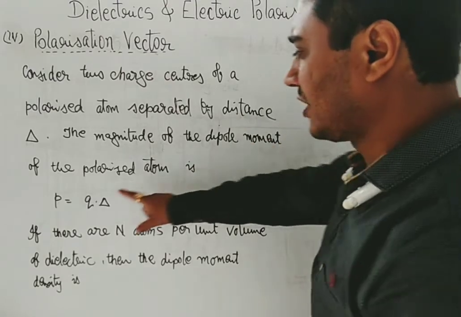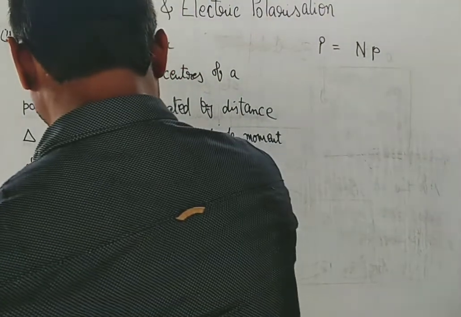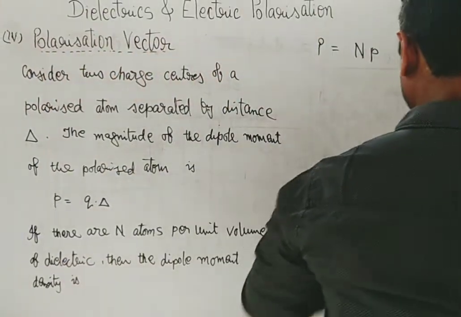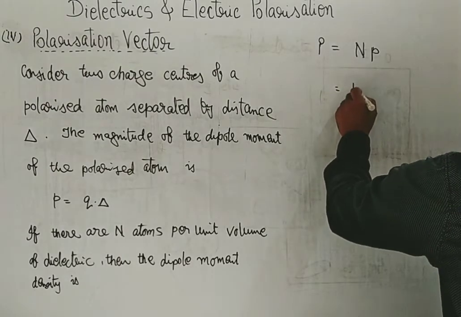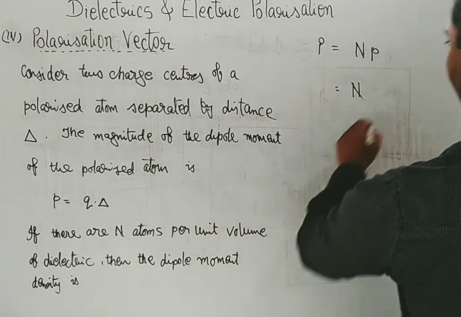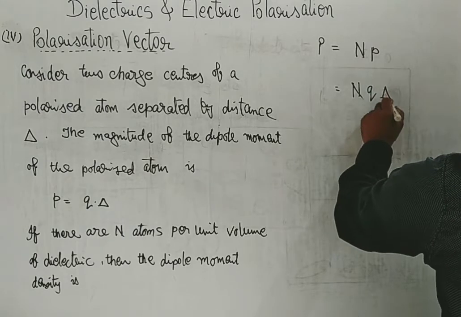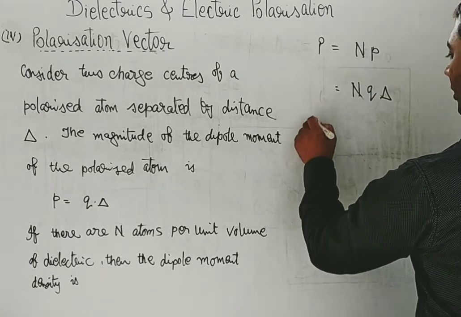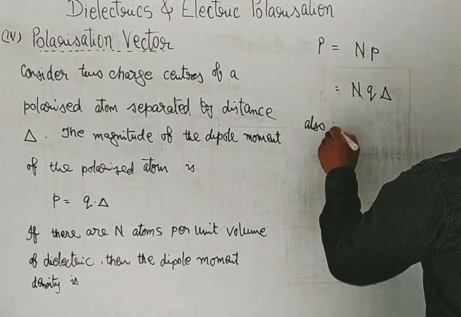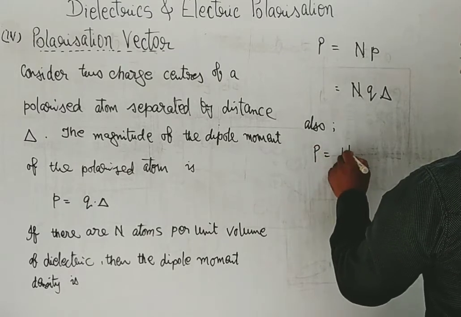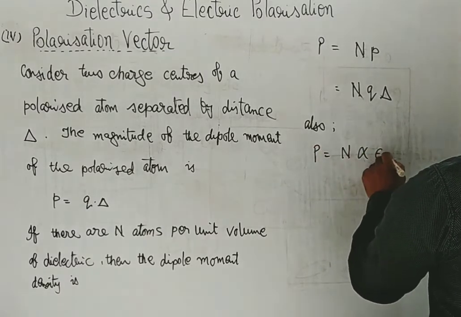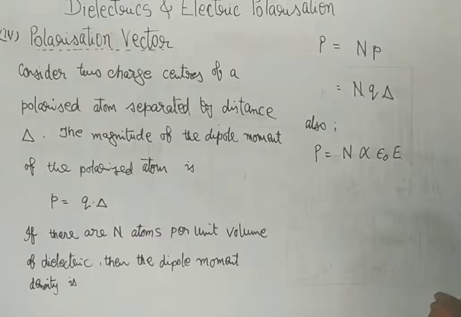So here, placing the value of p back, we have n q into delta. Also we have P equals n alpha epsilon naught E.